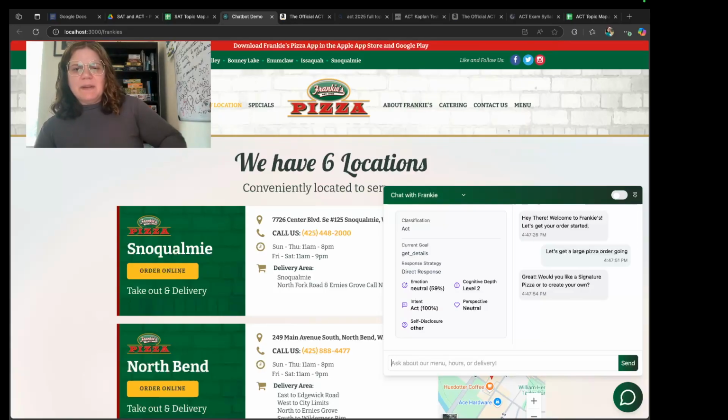And then the last memory layer is called procedural memory. And that's where we look at what were all of the rules and strategies that we used in the response layer, and how did that work out to get to a goal? In this case, the goal that I'm trying to work towards is taking an order. And I say I, but really I'm instructing the LLM to work towards this goal of taking an order.